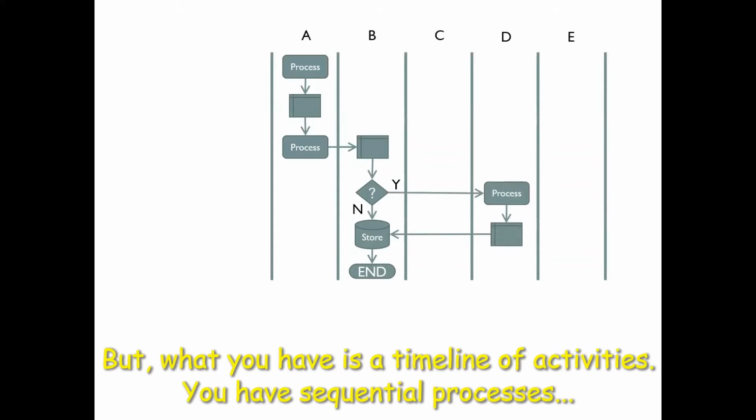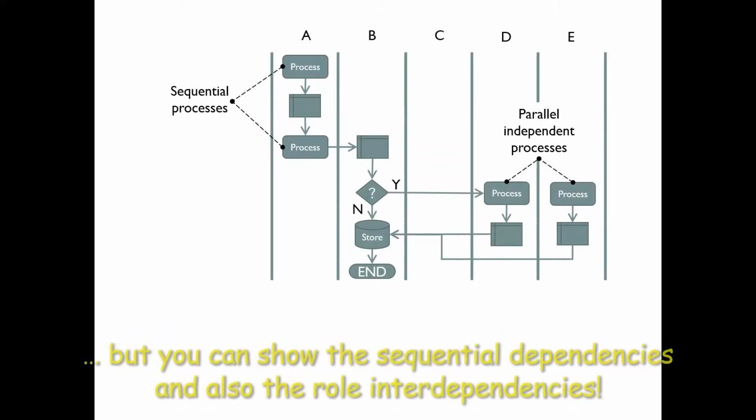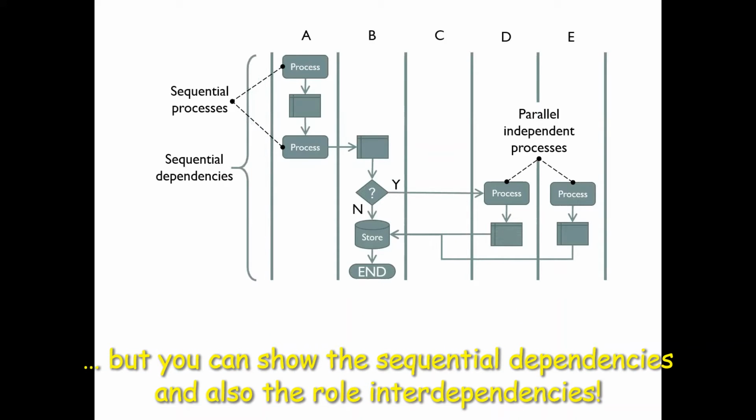But what you have is a timeline of activities. You have sequential processes. You may have parallel independent processes, but you can show the sequential dependencies and also the role interdependencies.